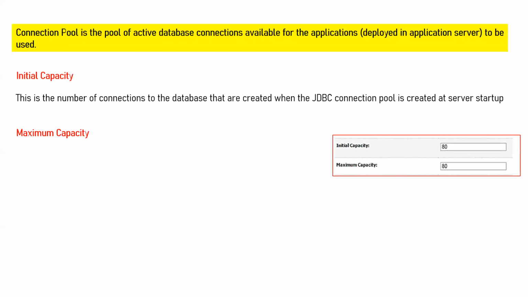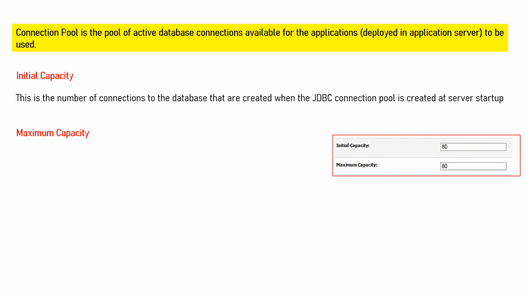Initial capacity is the number of connections to a database that are created when the JDBC pool is created at server startup. We all know that when we start the WebLogic server, all the resources, whether it is a data source, cluster, managed servers, or applications, get created at the startup of your WebLogic server. Applications are deployed, your connection pools are initiated, your data sources are initiated.